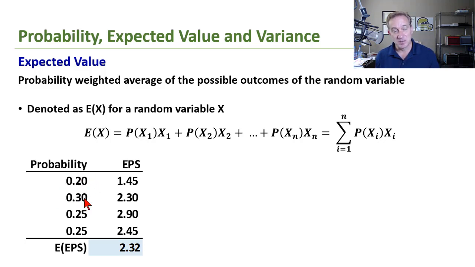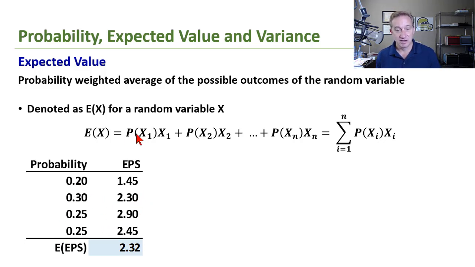So each of these values needs to be between 0 and 1 or 100% inclusive, which we do have. These are recognizable as probabilities, but also they need to sum to 100%. So we do have that, right? If this column summed to 1.5, we would have something wrong. But now, given that, we have a probability for each of the EPS outcomes, then we can say, what's the expected EPS?